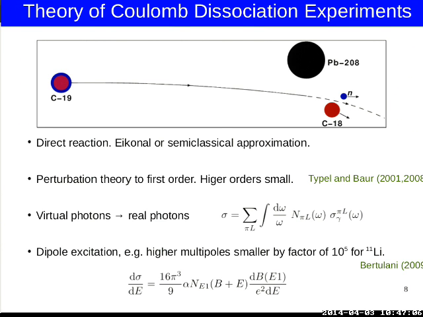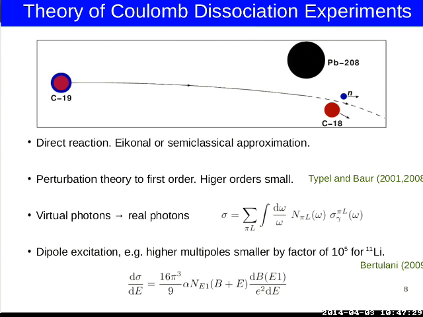So in the end, with all these approximations, you get this formula which is almost as good as the exact thing. So you have the Coulomb dissociation cross-section. That's the virtual photon number for E1 photons. B here is the binding energy between the neutron and the core in the bound state, the separation energy of the neutron.